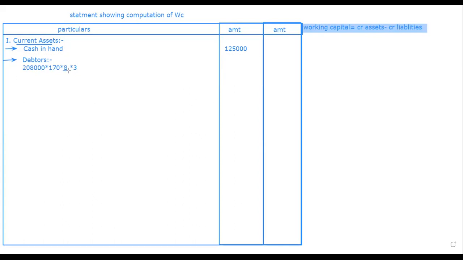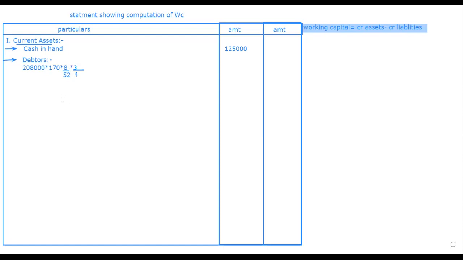So 8 divided by 52, and this is 3 divided by 4. Is this clear to you?